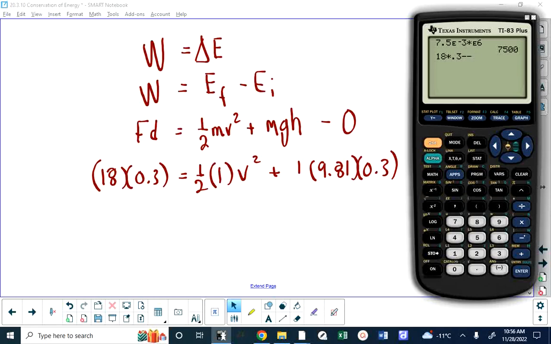I have to subtract 9.81 times 0.3. This gives me this number. That's equal to 1/2 v squared. So I have to multiply that by 2 and then take the square root of the answer and get 2.2 meters per second. Are you okay with that? Okay.